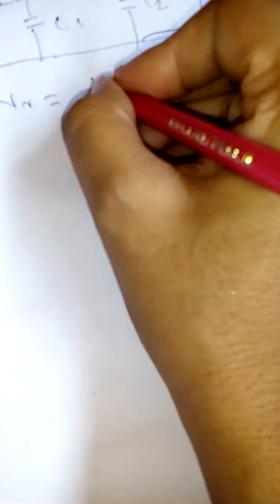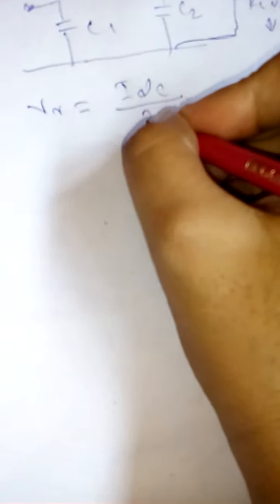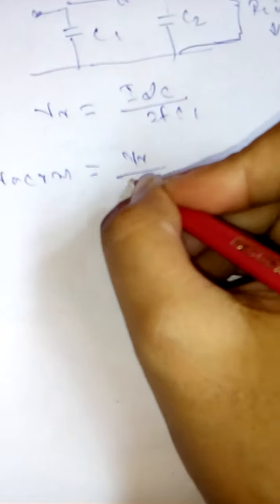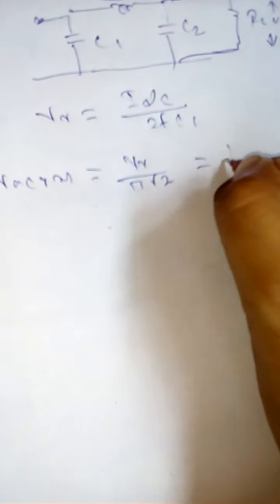What is the ripple factor calculation? Vr is given by IDC by 2 f C1, and the RMS value VAC RMS equals Vr by root 2, which is 1 by root 2 into IDC by 2 f C1.